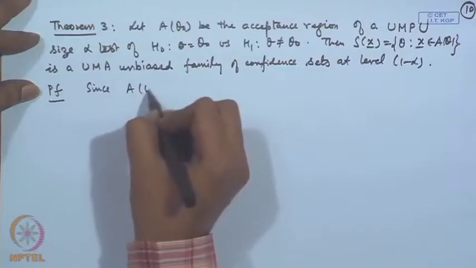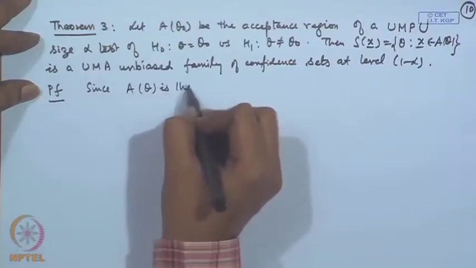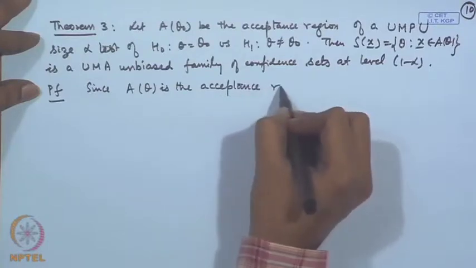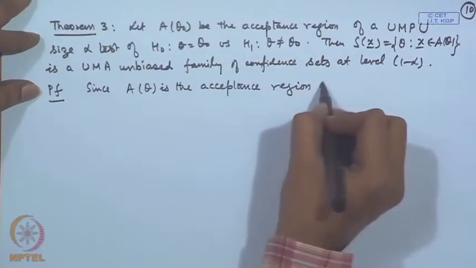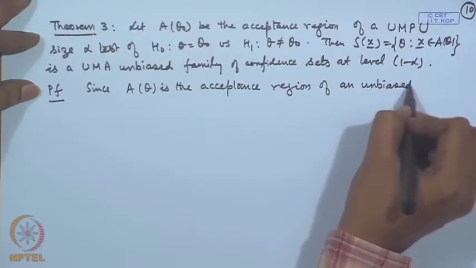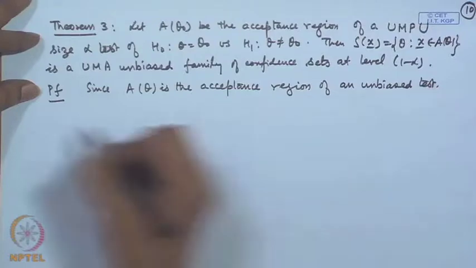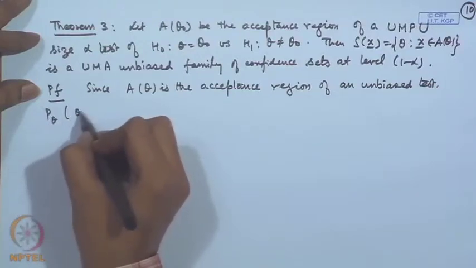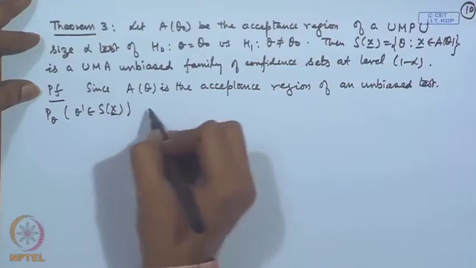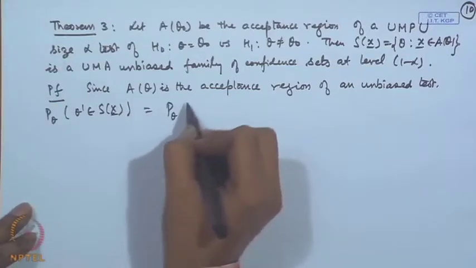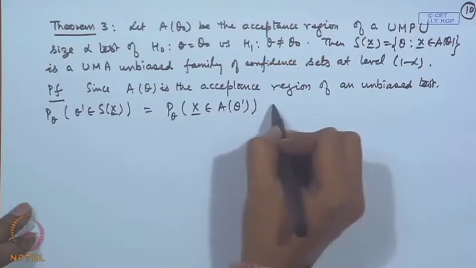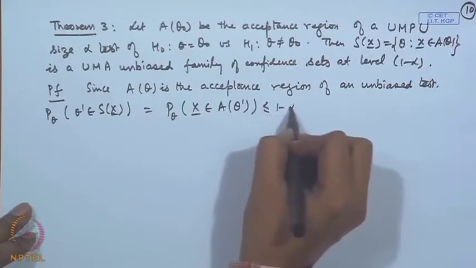Since A theta is the acceptance region of an unbiased test, P theta, theta prime belonging to S x, that is equal to P theta, x belonging to A theta prime, is less than or equal to 1 minus alpha.